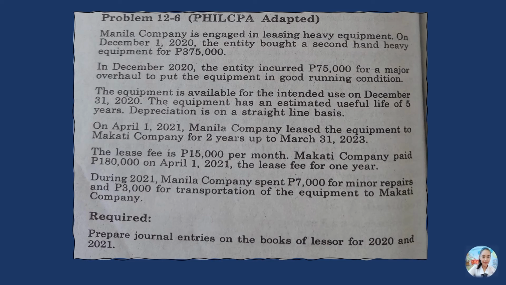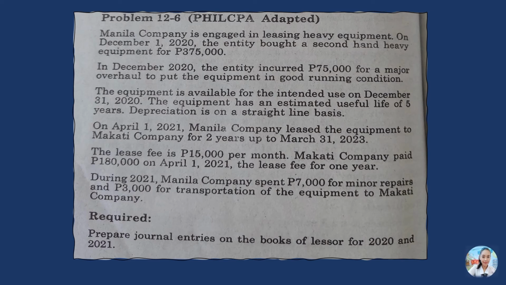And in December 2020, the entity incurred 75,000 for a major overhaul to put the equipment in good running condition. The equipment is available for the intended use on December 31, 2020, and has an estimated useful life of 5 years. The depreciation is on a straight line basis.